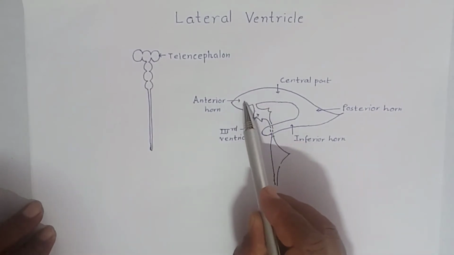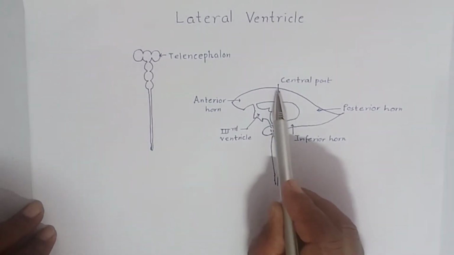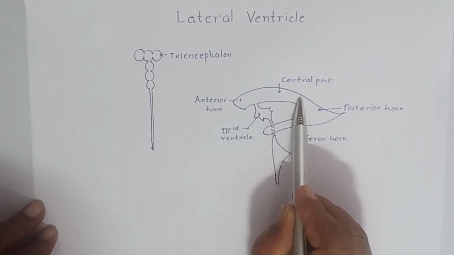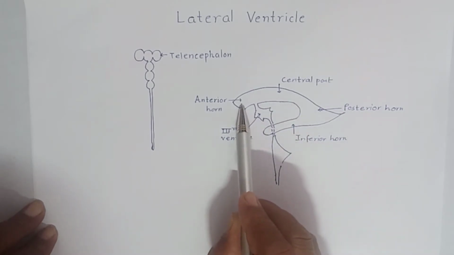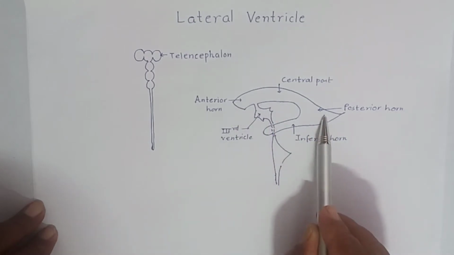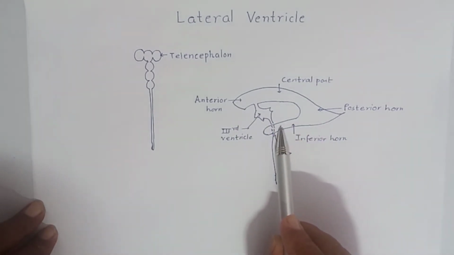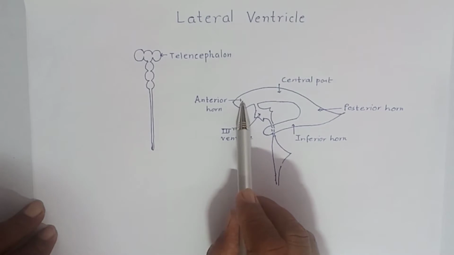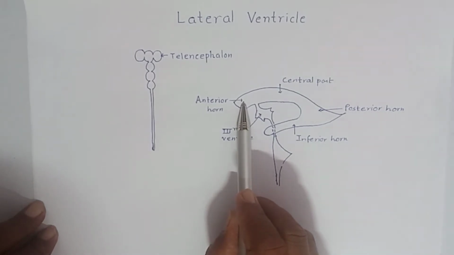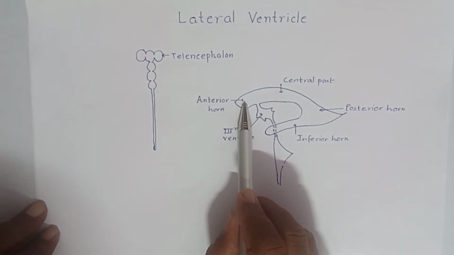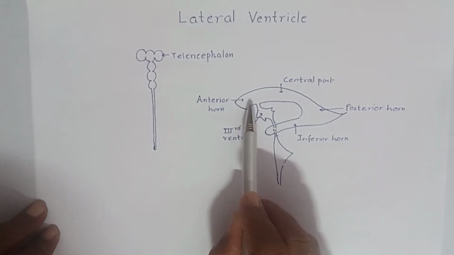The lateral ventricle consists of one central part and three horns or cornua: the anterior horn, the posterior horn, and the inferior horn. Anterior horn is the smallest one. It extends anterolaterally in the frontal lobe.